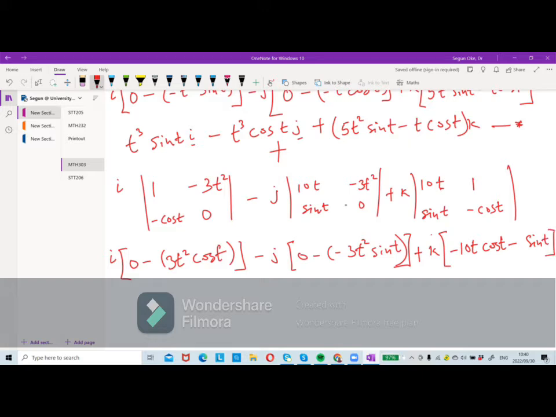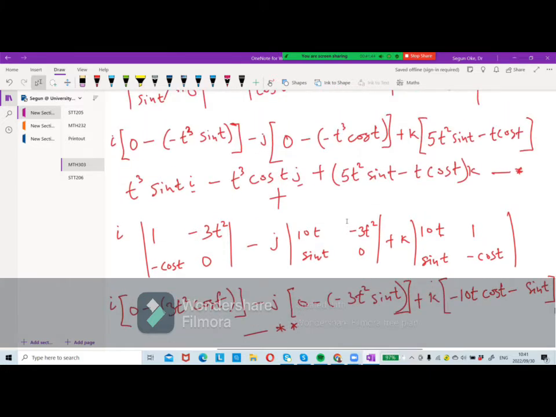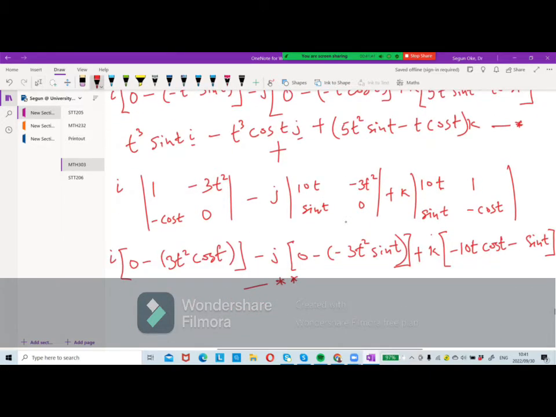So we have to add the two together, this and this together. But we can also open the bracket for this before then.